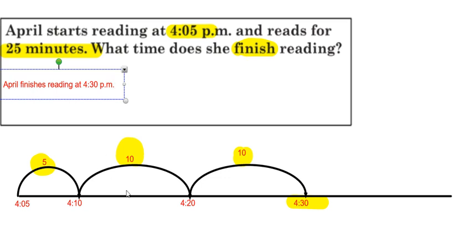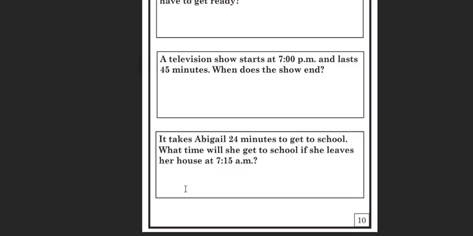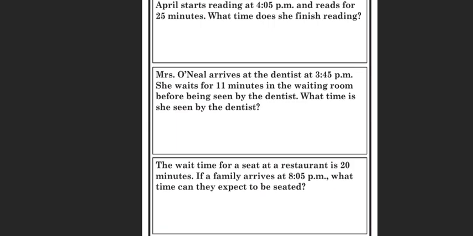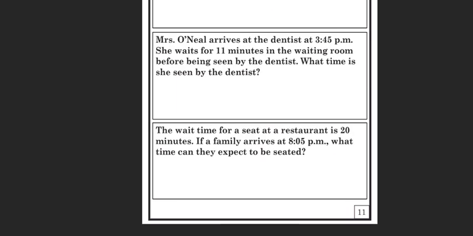On this page, the other two exercises that you're going to be doing are these two. First one says, Mrs. O'Neill arrives at the dentist at 3:45 p.m. She waits for 11 minutes in the waiting room before being seen by the dentist. What time is she seen by the doctor?